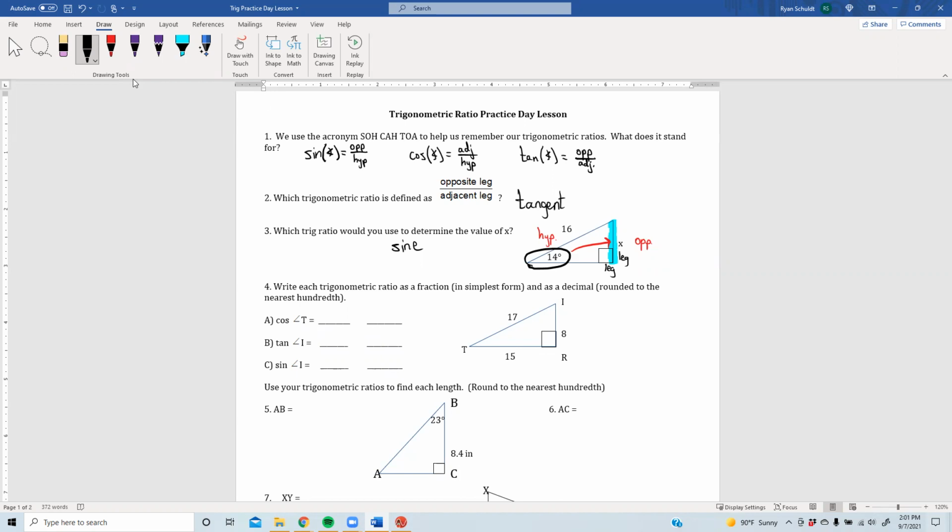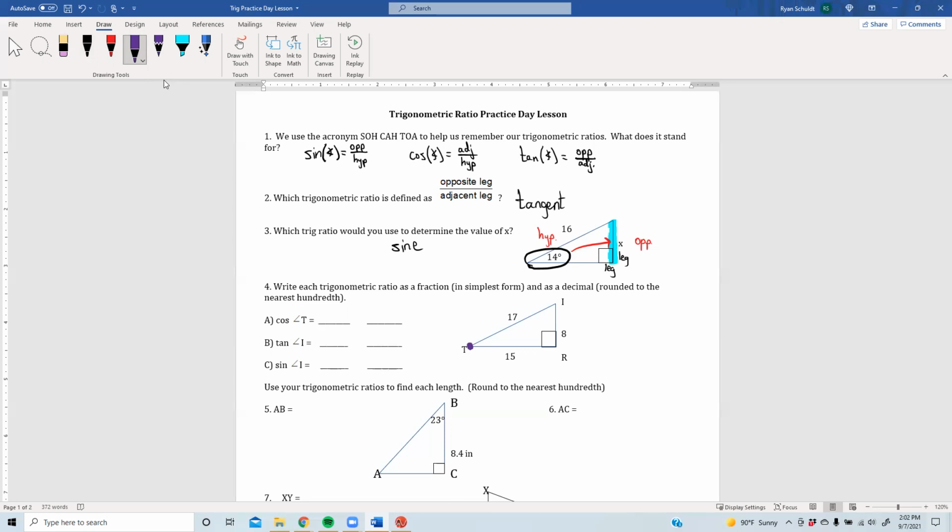Okay, number 4. Write each trig ratio as a fraction and as a decimal to the nearest hundredth. For the first one, they ask us about the cosine of t. If I want cosine, what two sides do I need?